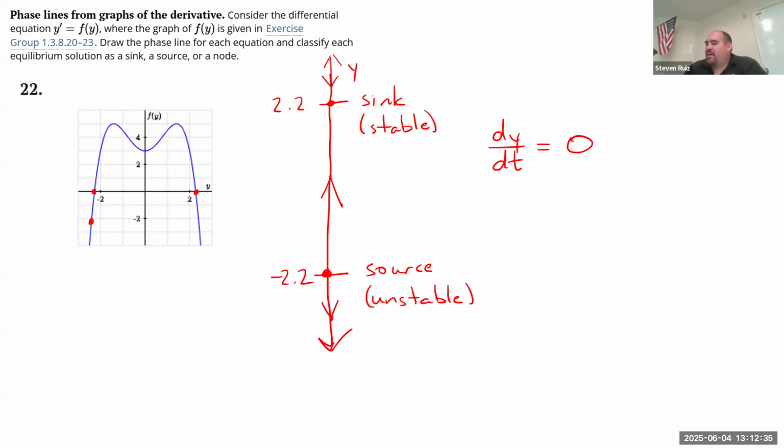Will you return to the equilibrium value, or will you run away from it? For sources, you'll run away from it. For sinks, you will trend toward it. So in this case, we have one sink, one source, and then the third option is when we're stable from one direction and unstable from the other. Those are called nodes, but we don't have that in this case.